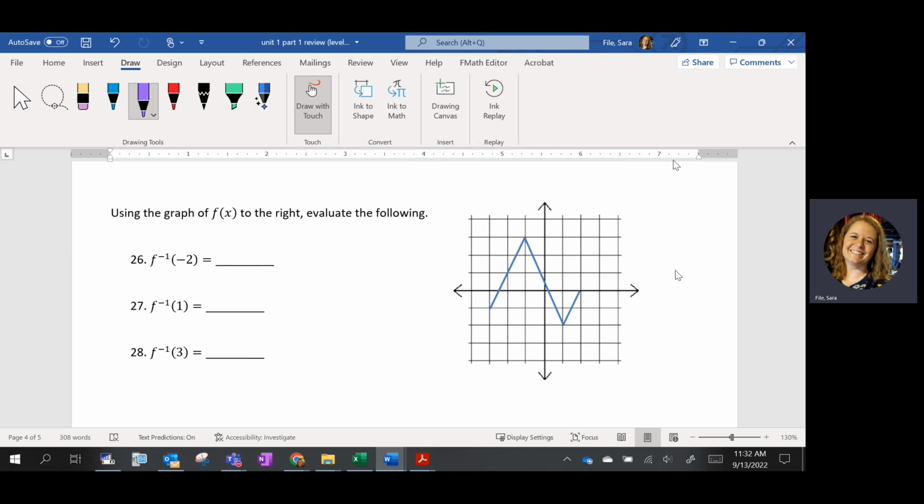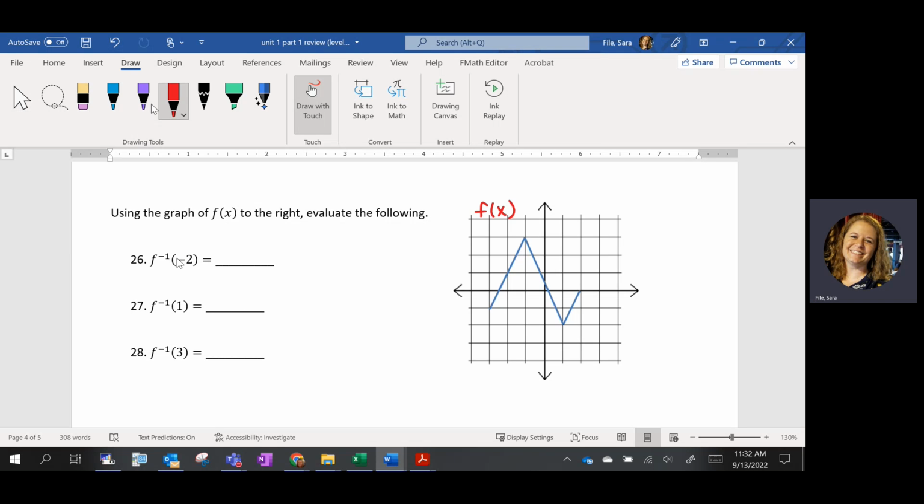All right. Now this is the same concept, except this time it is harder to make the graph of the inverse and use that. So I don't know that I would recommend that, because it's extra work where a lot of you might make a mistake. So this is the graph of f of x, but I'm trying to evaluate inverse of f.